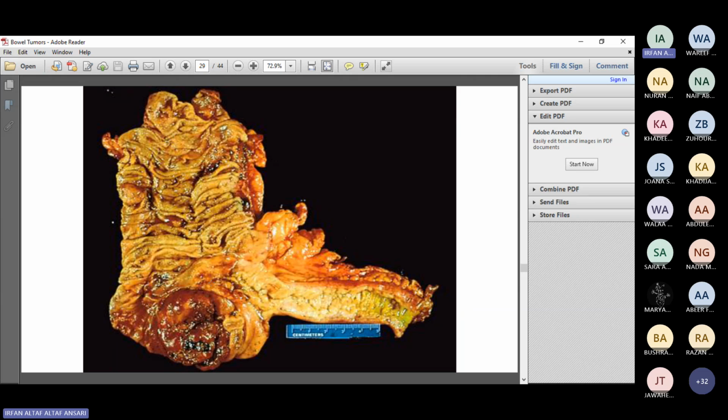If I ask which part of the large intestine, can you answer me? Looking at this specimen, which part of the bowel is it? Large intestine. If it is in the large intestine, which part of the large intestine?